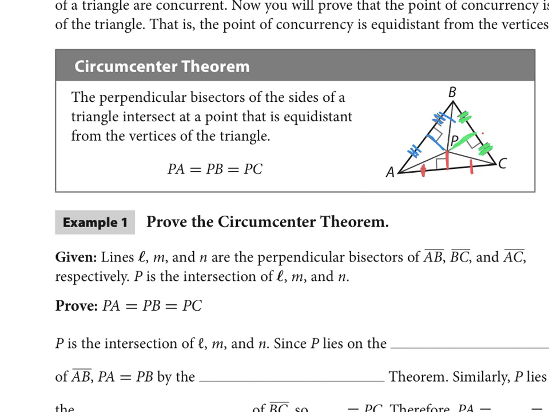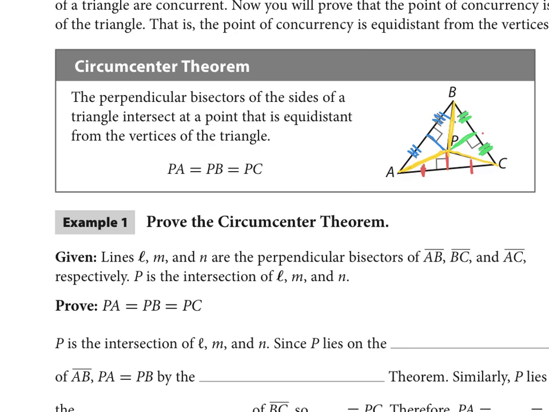And what it's saying is that PA is equal to PB is equal to PC, okay?